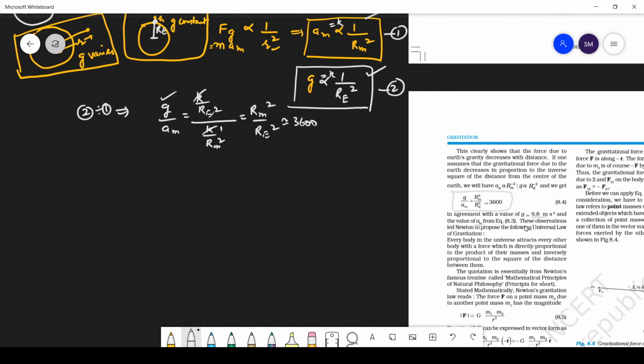So these observations led Newton to propose the following law of gravitation. So here is the law of gravitation, students. This is the law that you need to write.